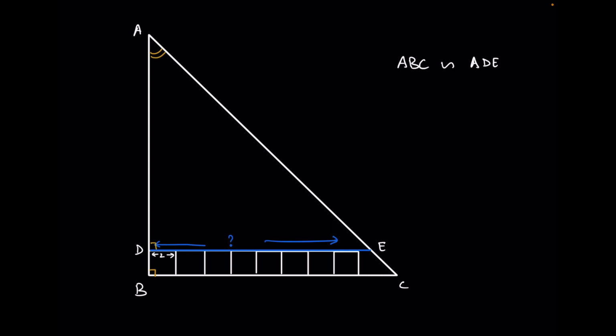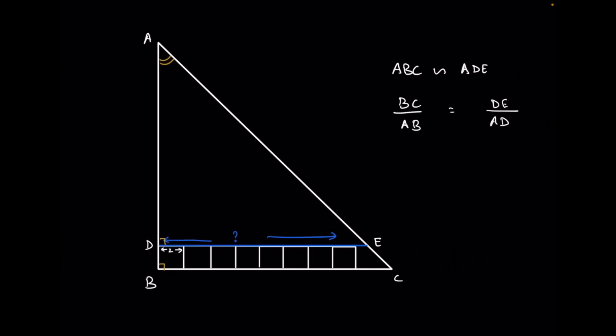How does that help us? It helps us because in similar triangles, the ratios of corresponding side lengths are equal, right? What I mean by that is BC upon AB, which is the base of the bigger triangle upon the height of the bigger triangle, this ratio is equal to DE upon AD, which is the base of the smaller triangle upon the height of the smaller triangle, right?